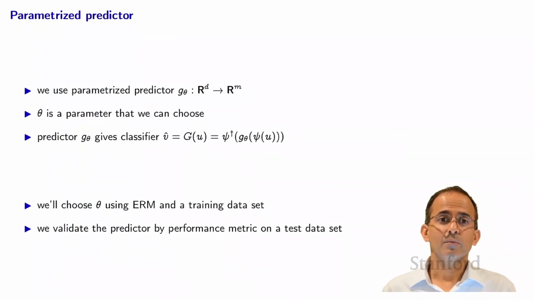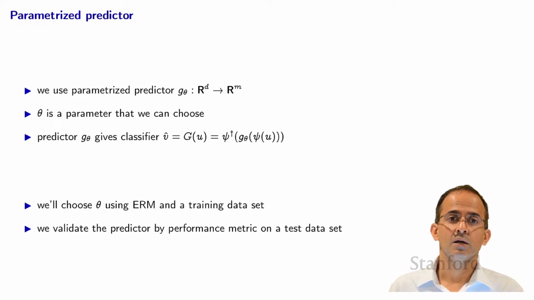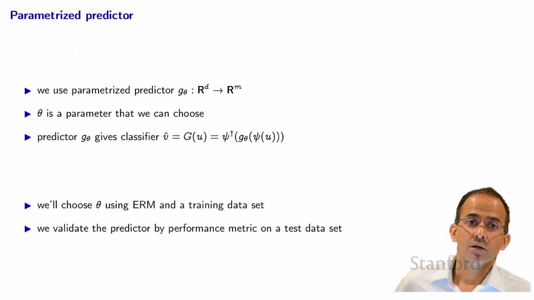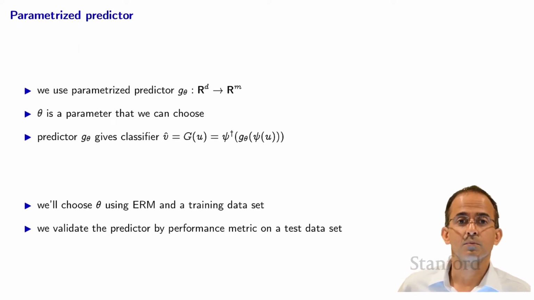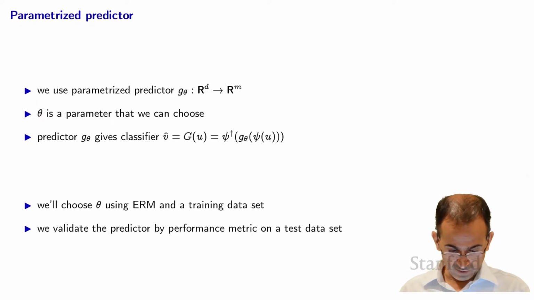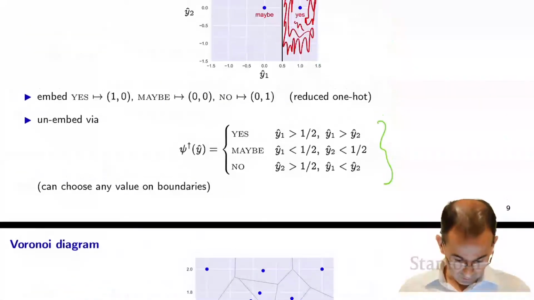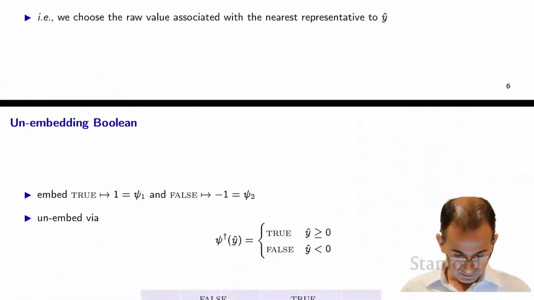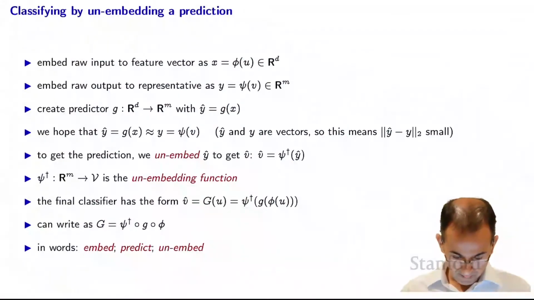Now suppose we're using a parametrized predictor, so g is a function of a parameter theta. It might be theta transpose times x if it's a linear predictor, or it might be something more complicated. Theta is the parameter we choose, and once we've got a predictor g theta, we compose it with the embedding phi and the un-embedding psi dagger.